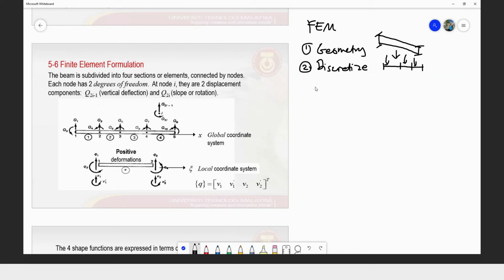And then we discretize, then these two must be executed first. And then yang 2, 3, 4 ni kita boleh switch yang mana nak start dulu pun tak kisah. Let's say we look at the type of the material used, its boundary conditions, and then the applied load.